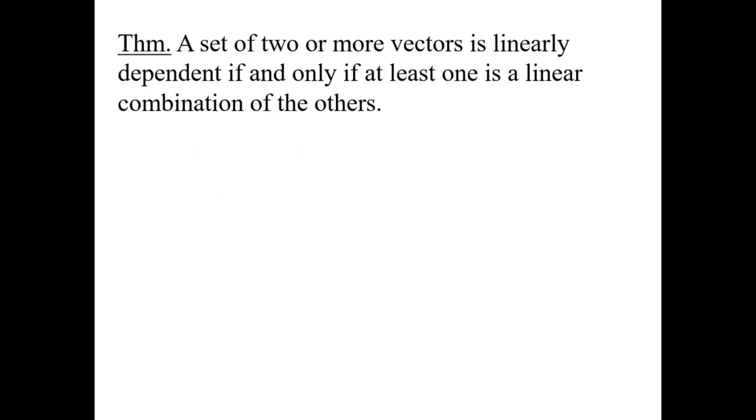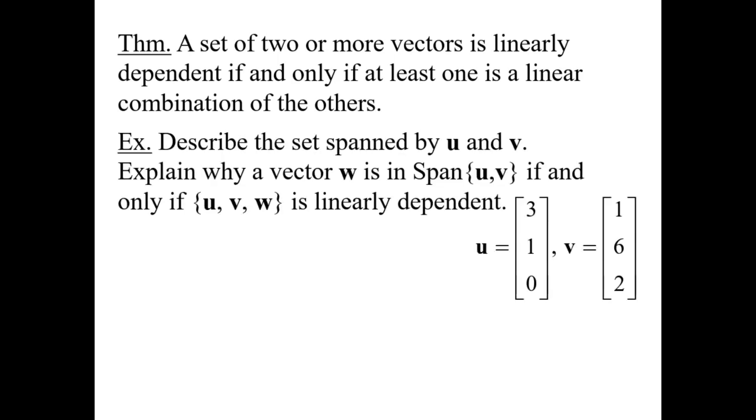Next observation here. A set of two or more vectors are linearly dependent if and only if at least one is a linear combination of the others. So consider this. Describe the set spanned by u and v, and then explain why a vector w is in the span if and only if u, v, and w are linearly dependent.